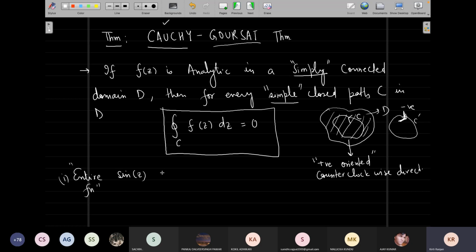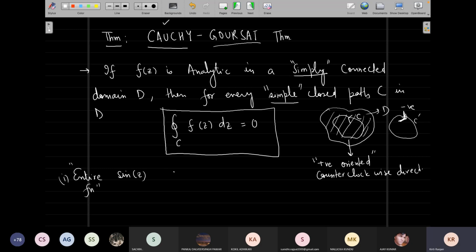So |z| is strictly less than infinity. These functions are called analytic entire functions. In fact, let me ask you one question: if I ask for a function which is analytic everywhere including infinity, what kind of function could that be? Does there exist any function like that or not? Anyway, let's just continue with the Cauchy-Goursat theorem.